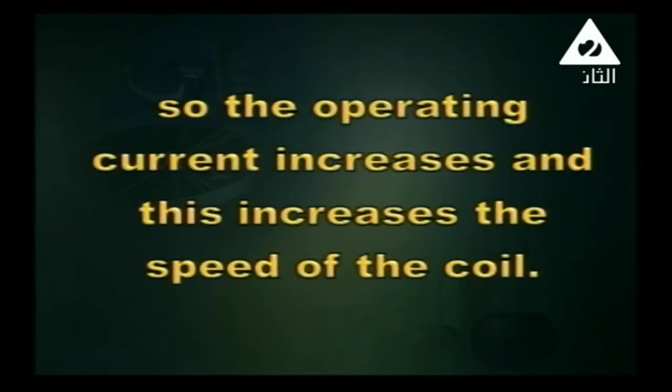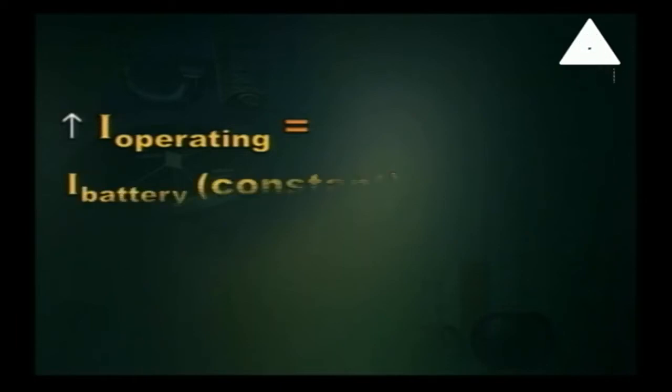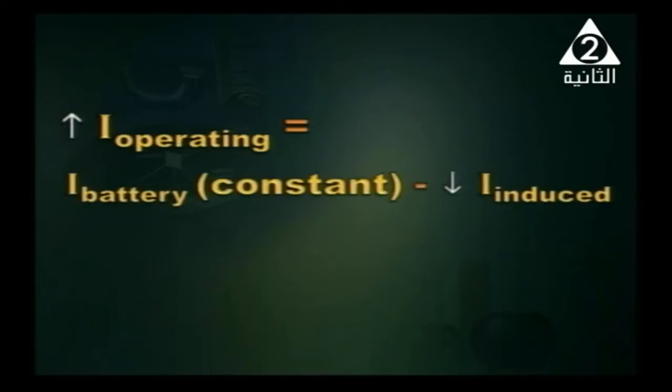So operating current increases when I induced decreases, and this increases the speed of the coil. So I operating increases when the coil tends to slow down, simply because I battery is constant and I induced decreases.